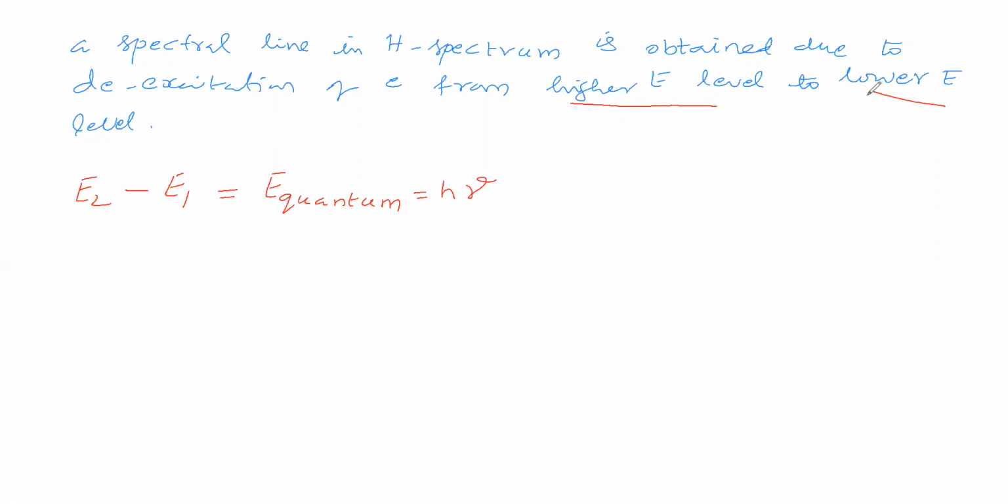So higher energy level we take as E2, lower energy level we take as E1. The difference is called the emitted energy, the emitted radiation. Emitted radiation contains what? Quanta. In the singular form, we have taken a quantum. A quantum has energy h nu. Okay, have we got this idea?